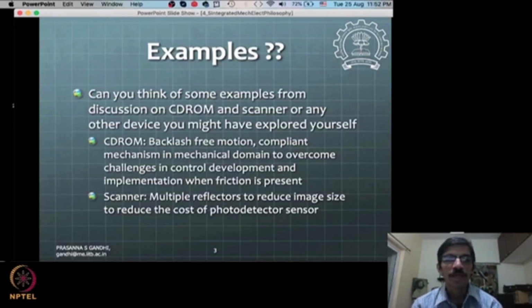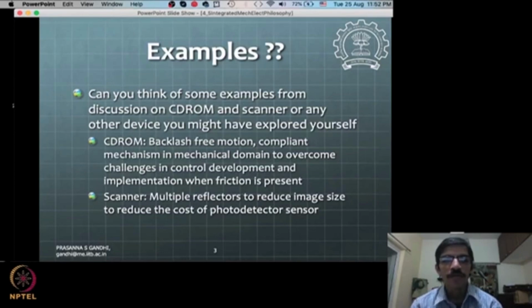There are control challenges, which are nonlinear control with friction, absolutely difficult to handle, especially for nano positioning and reversal of direction. In the focusing servo or the tracking servo also, you may need to reverse the direction depending upon where the data is on the surface of the CD.